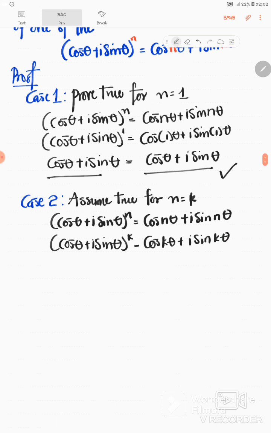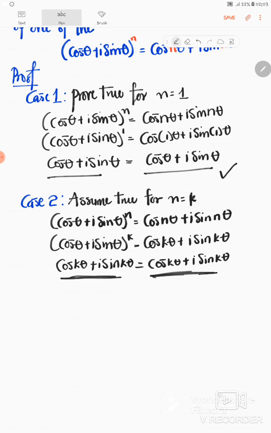Using this, as we all know, when we have (cos theta plus i sin theta) raised to power k, the k comes into it to be cos k theta plus i sin k theta, equals cos k theta plus i sin k theta. Now we can see that the left hand side is equal to the right hand side. That is true for n equals k.